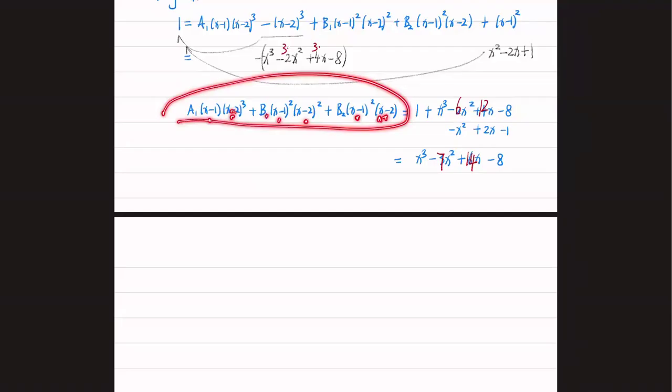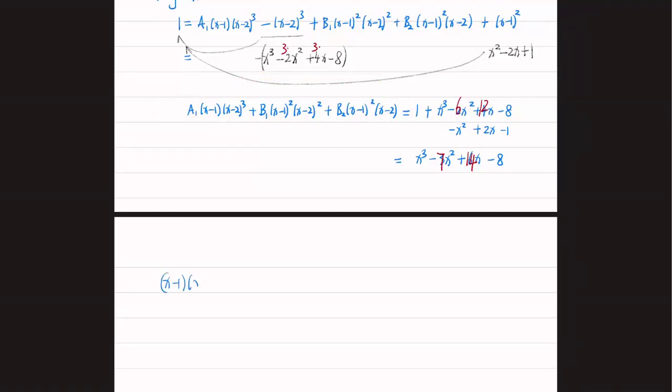So we have this common factor, x minus 1, x minus 2. What's left: minus 2 squared, x minus 1, x minus 2, x minus 1, x minus 2.